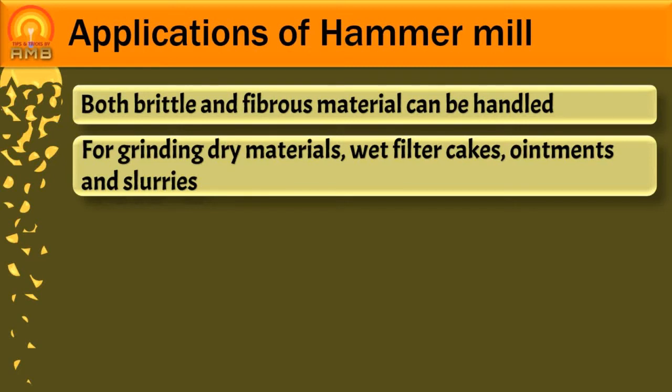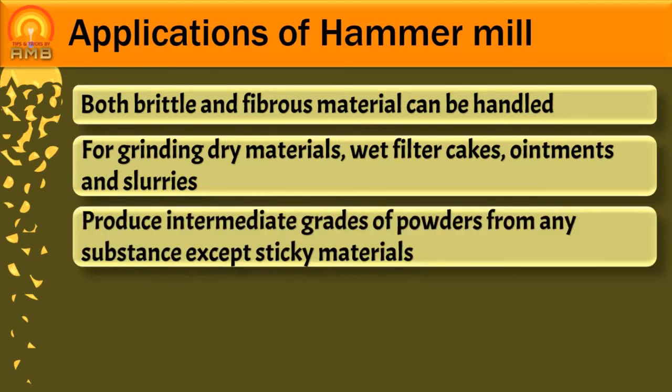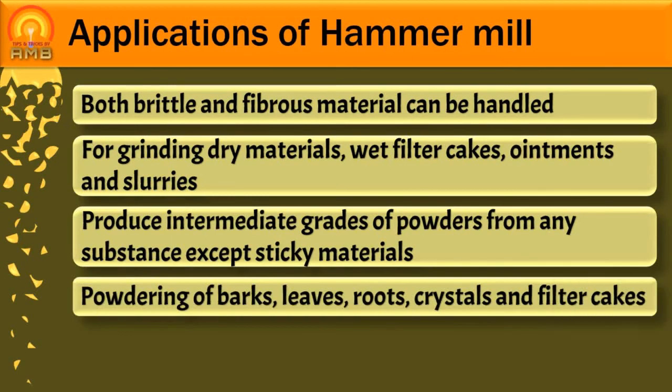It is capable of producing intermediate grade of powder from almost any substance except sticky materials that choke the screen. So its applications include the powdering of barks, leaves, roots, crystals and filter cakes.